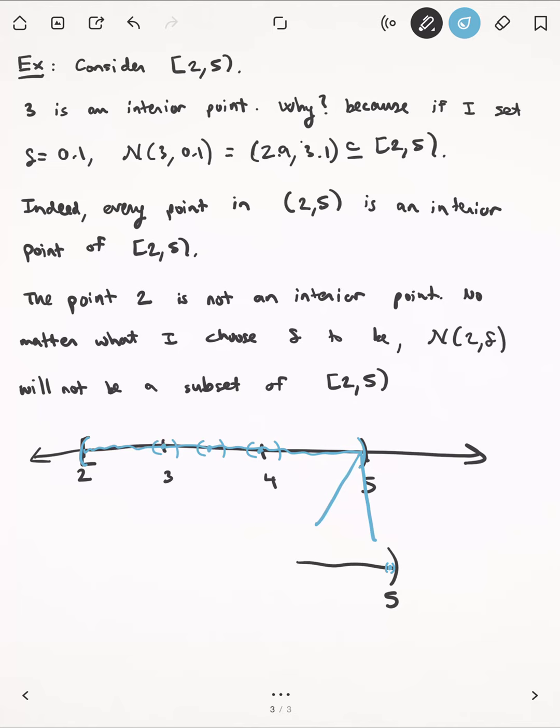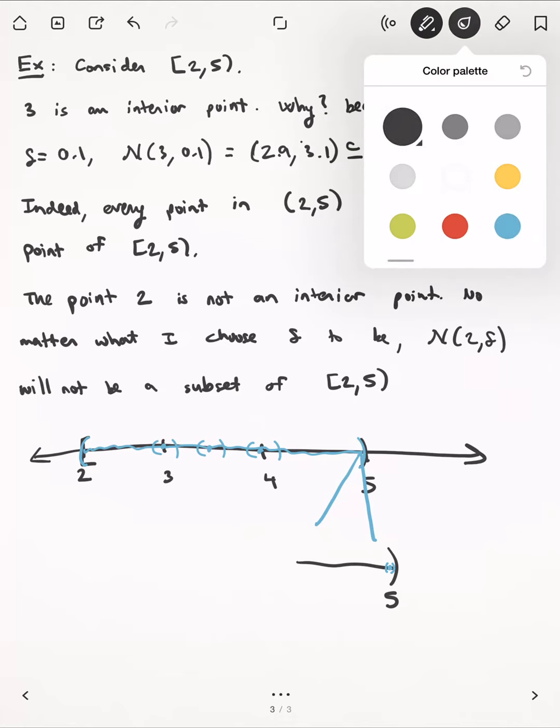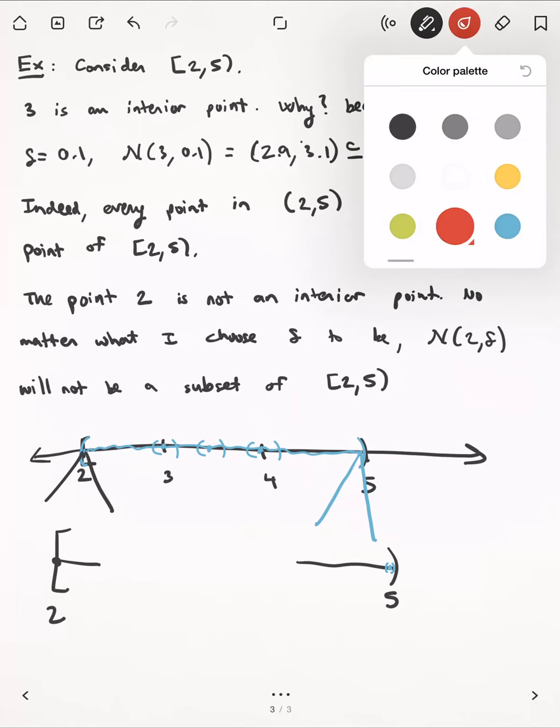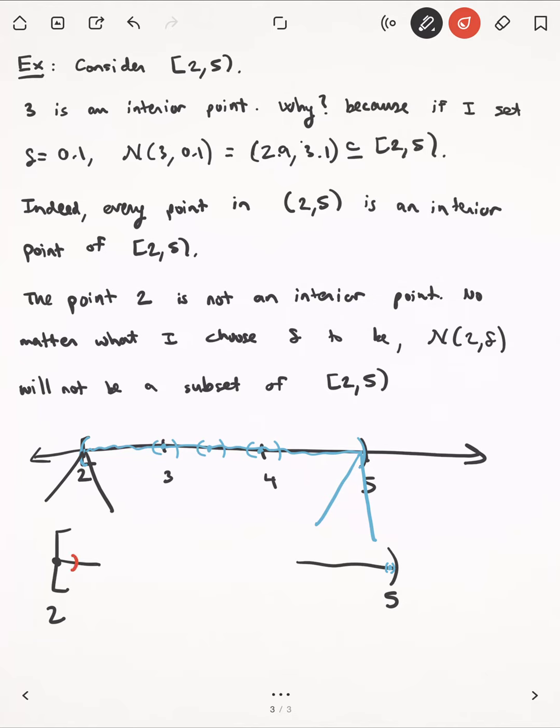And the same is true for the other side. I can get arbitrarily close to 2, and all those points are going to be interior points. However, if I choose the point 2, no matter how small I draw the parenthesis around 2, i.e. no matter how small I take delta, there are going to be some points that are outside of my interval. And so 2 is not an interior point to the half-open interval [2, 5). Okay.